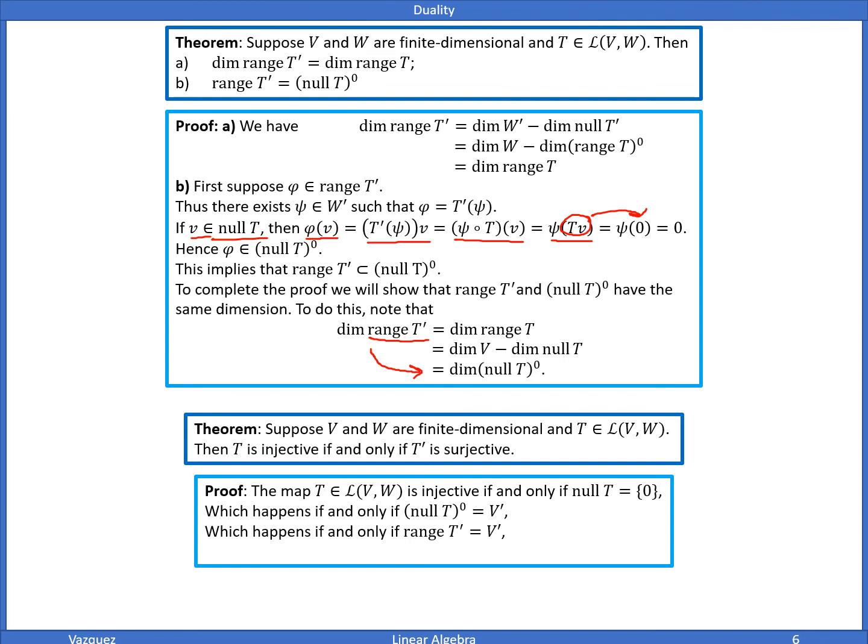That only happens if the range of T prime is equal to V prime. And that only happens if T prime is surjective. Which voila proves our theorem.